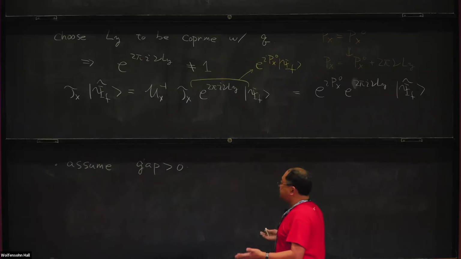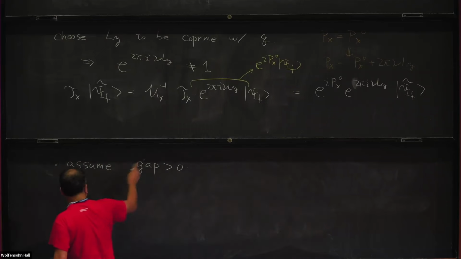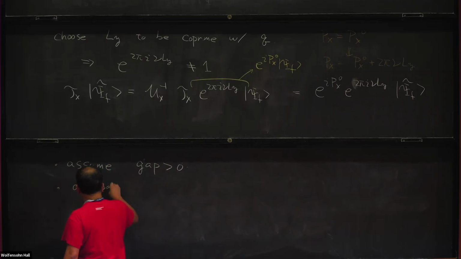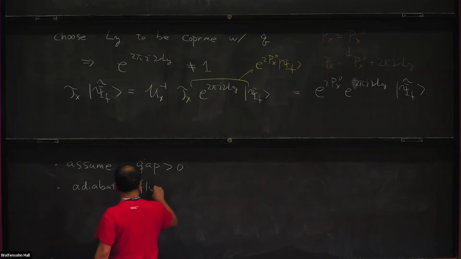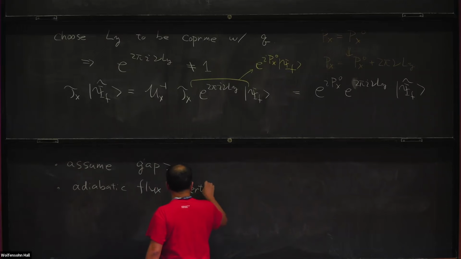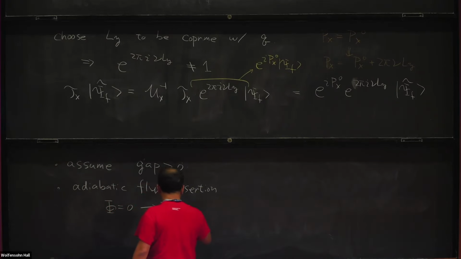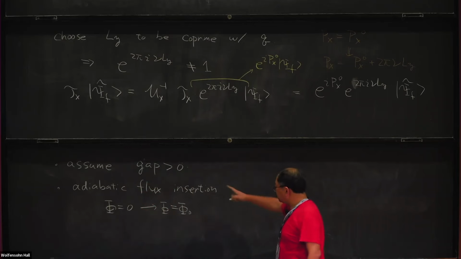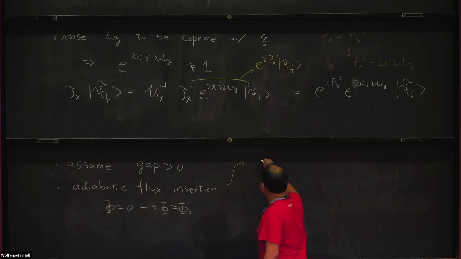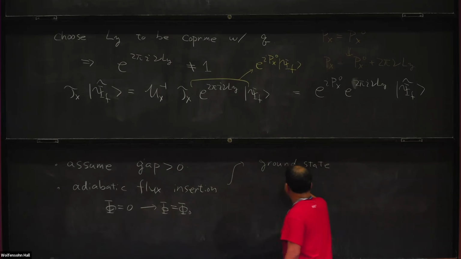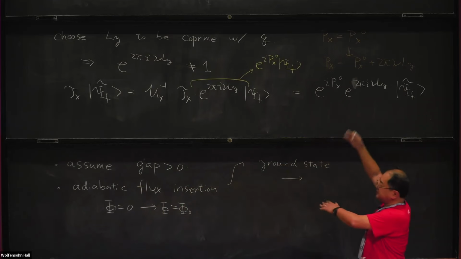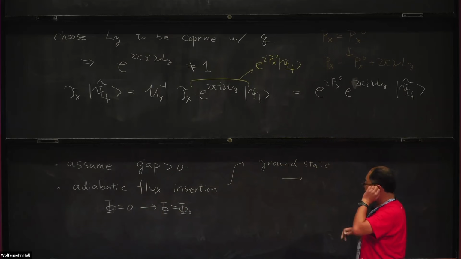Then, starting from the ground state, and doing this adiabatic flux insertion from 0 flux to phi 0, then because this is adiabatic, starting from the ground state as the initial state, and because earlier I assumed that the gap doesn't collapse, you must end up with the ground state.